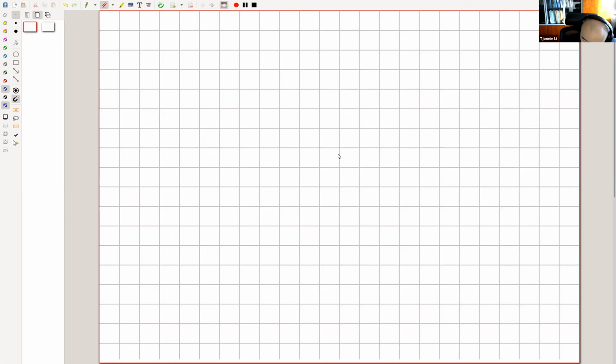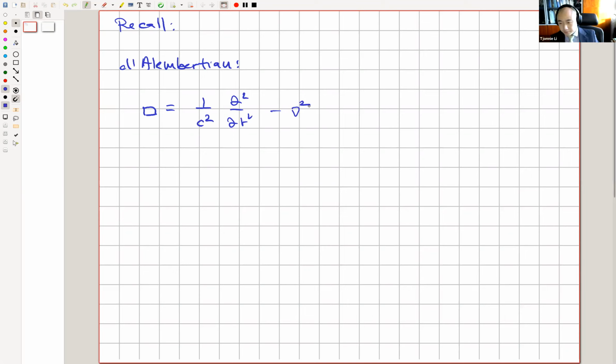Okay, so let's start by simply noting that we have a so-called D'Alembertian, which is simply given by a box, which is, depending on how you define it, 1 over c squared partial over partial t squared minus the Laplacian.